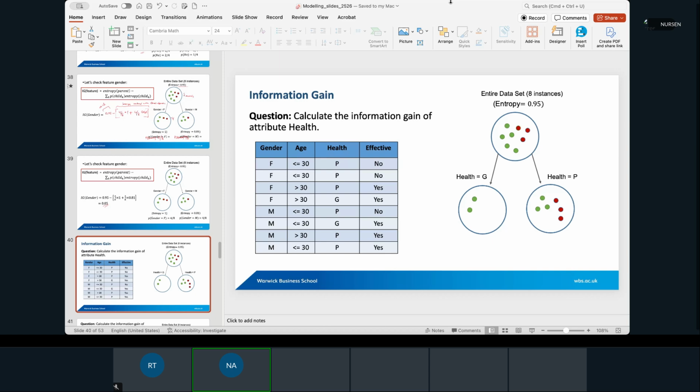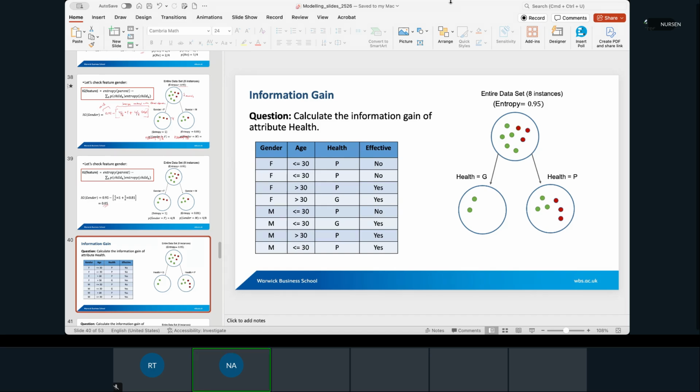First of all, let's discuss if you know health good. What is the entropy for health good? Yes, I see lots of correct answers.